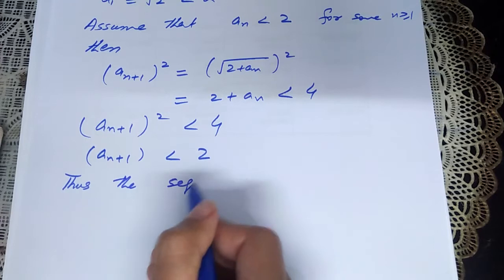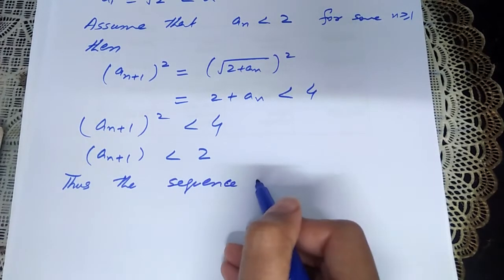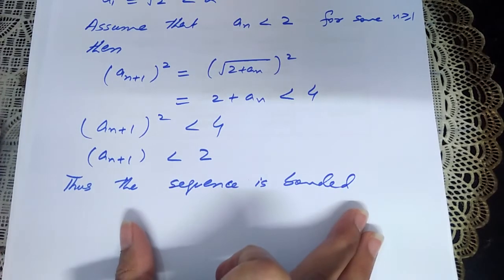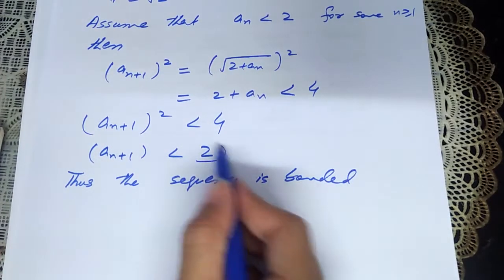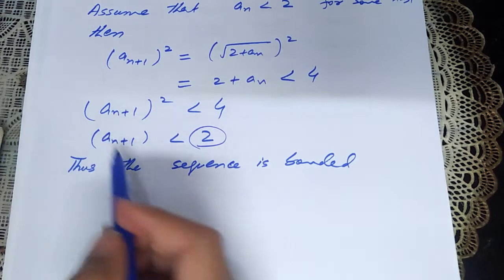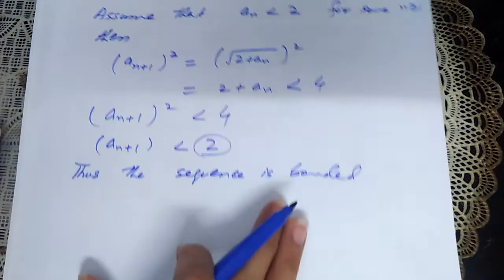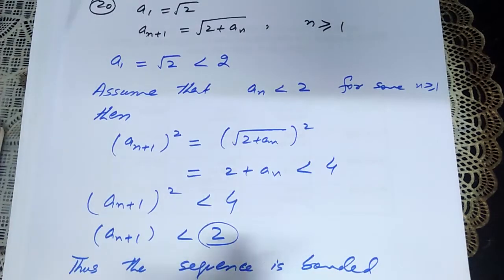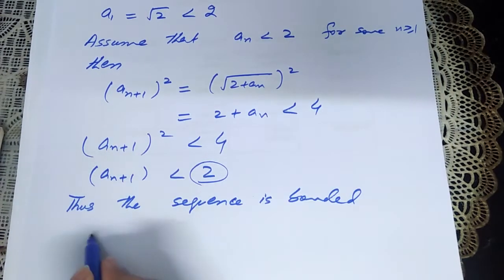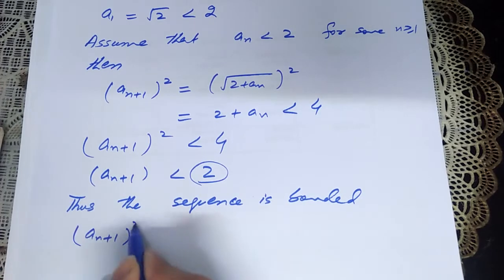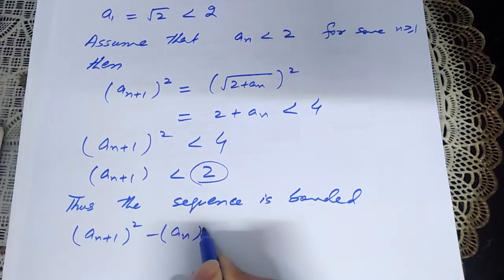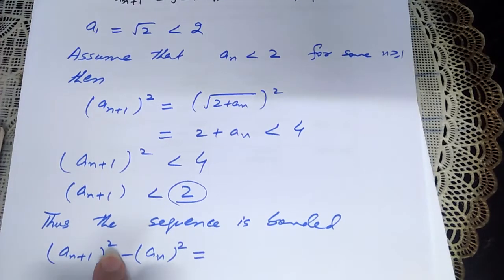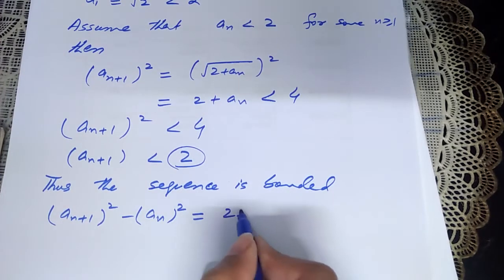Thus, the sequence is bounded. Now we need to check whether it is increasing or not. For that purpose, whether it is monotonically increasing or not, you need this term a(n+1) whole square and you need an term. a(n+1) whole square minus an term will be equals to, you know that a(n+1) whole square is equals to 2 plus an.